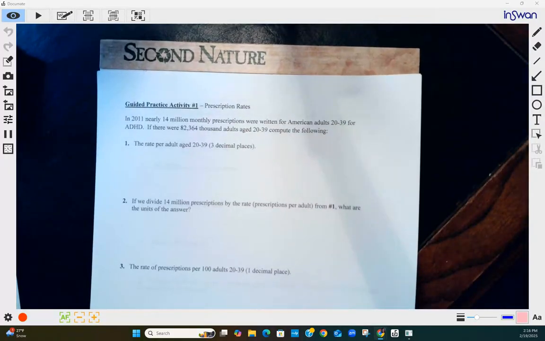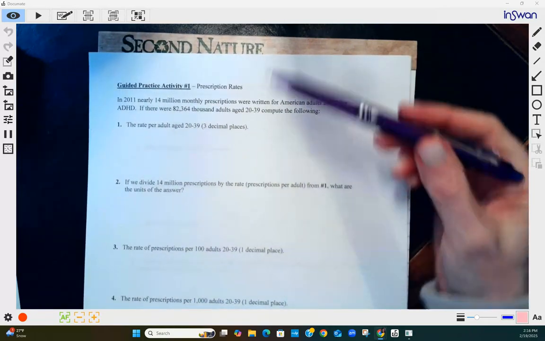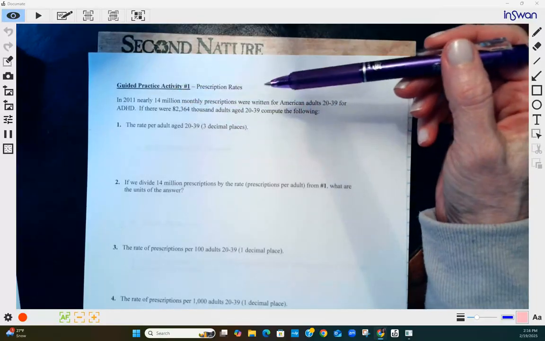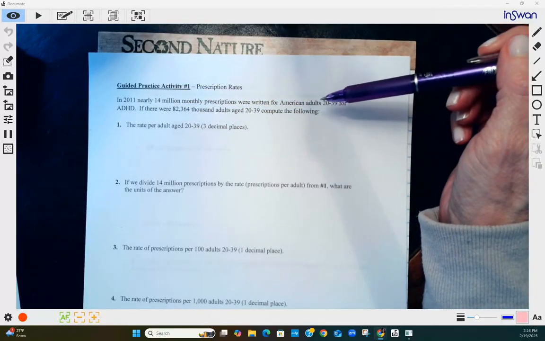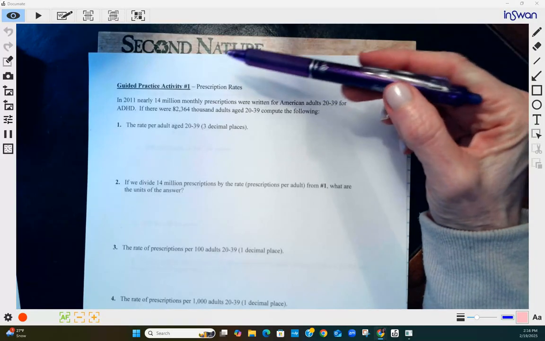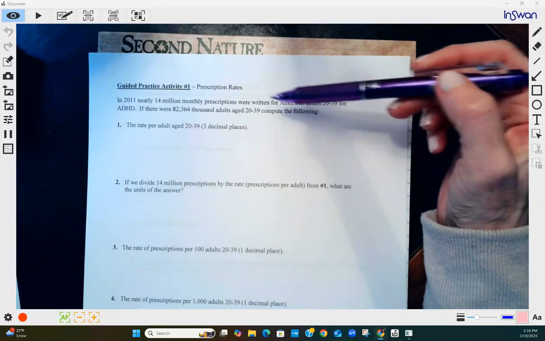Alright, so prescription rates. This is all going to be from the same information. In 2011, nearly 14 million monthly prescriptions were written for American adults aged 20 to 39 for ADHD. If there were 82,364,000 adults in this age group, compute the following.